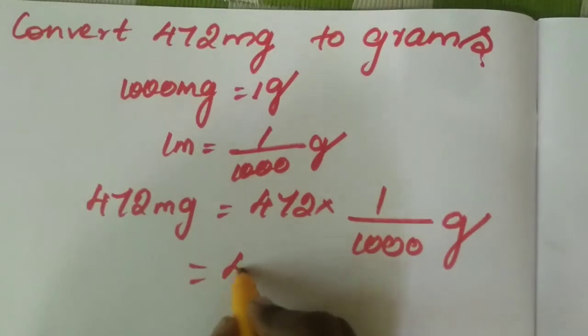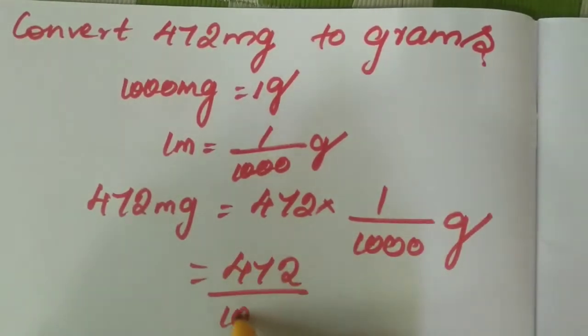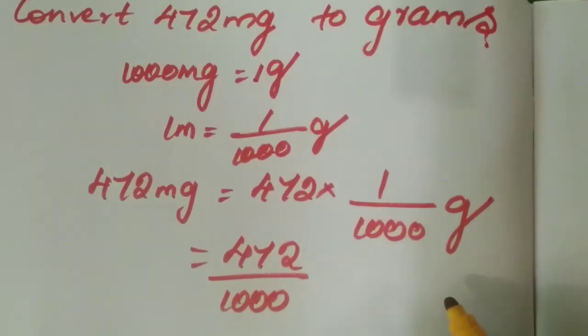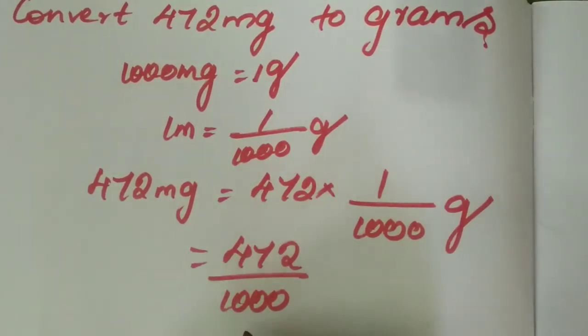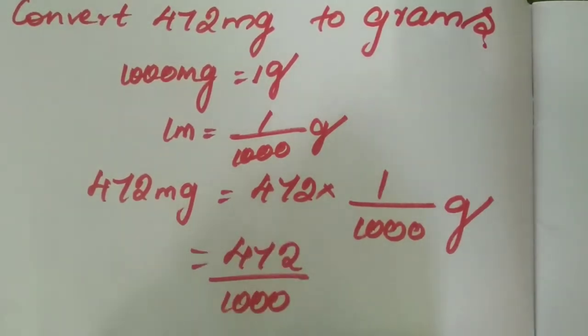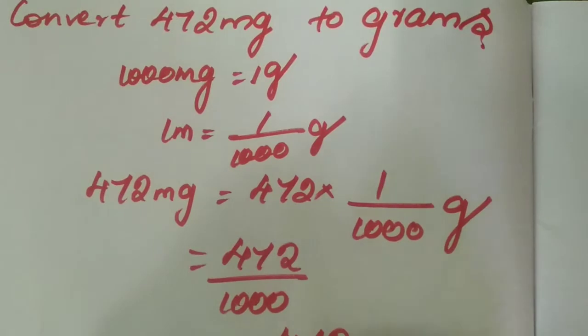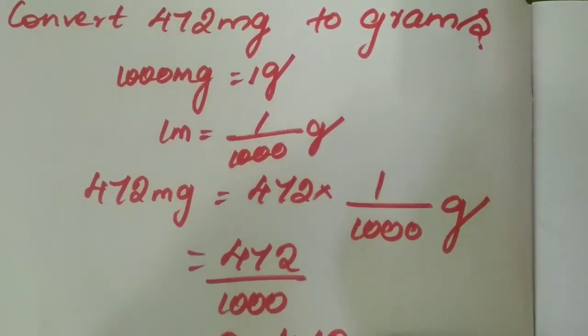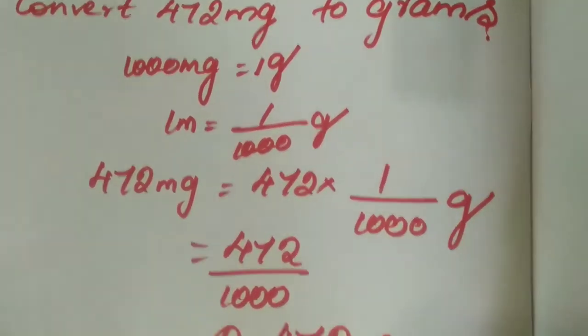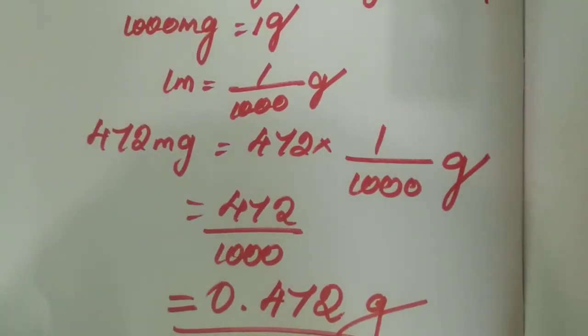So divide 472 by 1000. After the decimal there should be 3 numbers, and here we have 3 numbers. So keep the decimal point, write the numbers as they are, and keep the 0. So 0.472 gram is the answer.